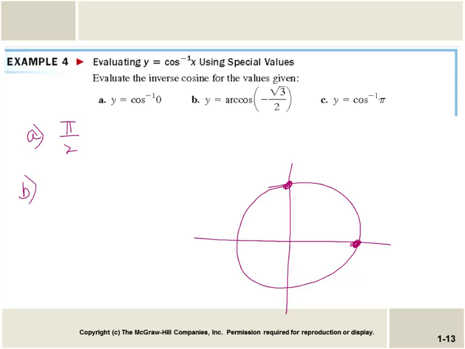Okay, good. Okay, Kirkland, let's do B. So basically, what quadrant is the cosine negative? That's not a quadrant, and that's not the answer. What quadrant is the cosine negative?